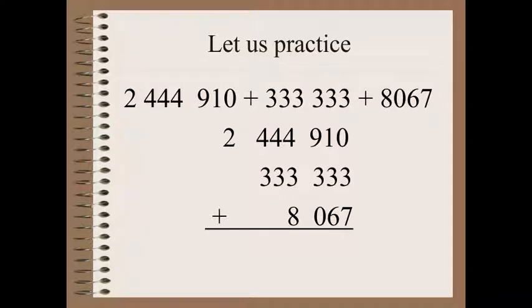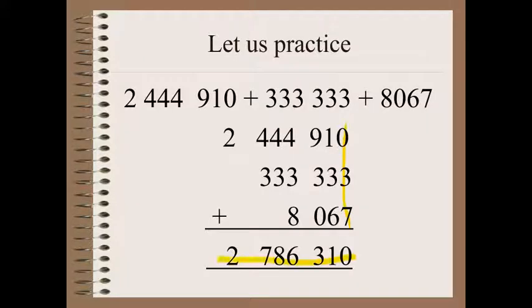Now I will start doing the addition from the ones column. And you can see my answer here. Hope you all have the same answer. So in this way you can do addition sums. The only thing you should keep in mind is that you should start doing the addition from the ones column.